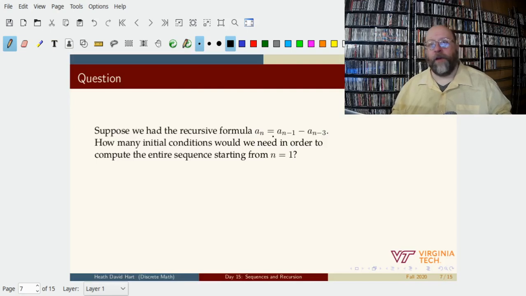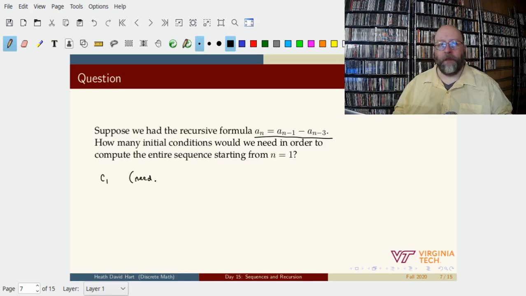So I have a question here. If this is my recursive formula, A sub n equals A sub n minus 1 minus A sub n minus 3, how many initial conditions would we need to compute the entire sequence? So A1 would be A0 minus A negative 2, and I don't have those, so I would need to be given A1, because I don't have anything else to calculate with.